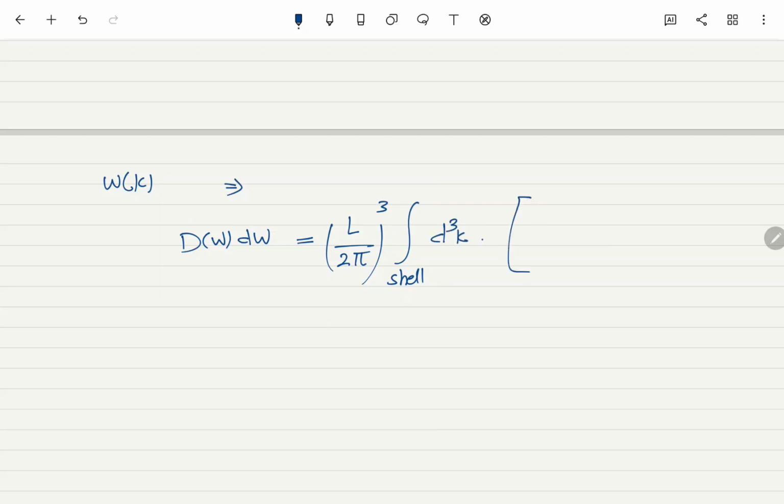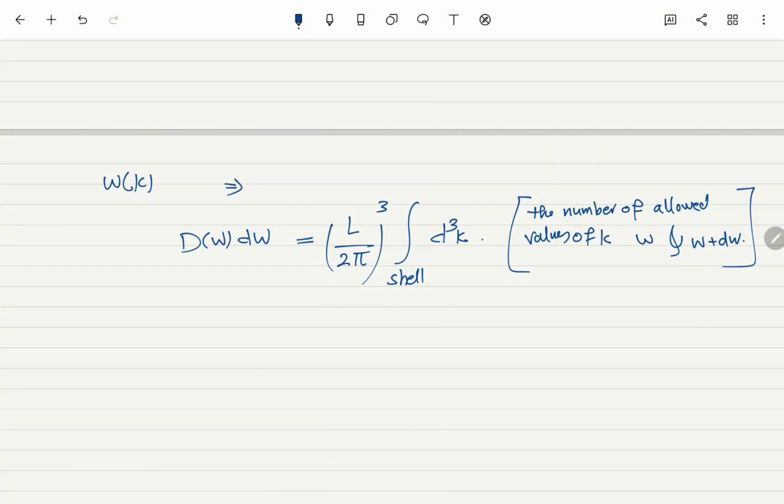And remember, this one here is the number of allowed values of k for which the phonon frequency is between omega and omega plus d omega.